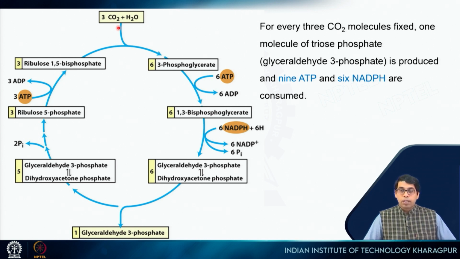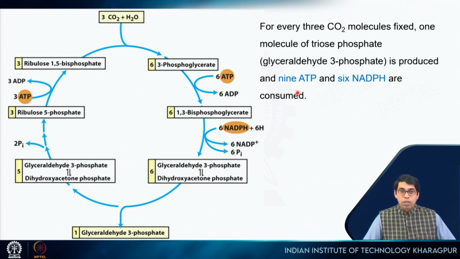Now, if you remember the complete oxidation of glucose via glycolysis, the citric acid cycle and the oxidative phosphorylation, it produces 32 molecules of ATP, right. So, here we are consuming 48 molecules of ATP to produce glucose, and when we oxidize glucose back to carbon dioxide and water, we produce 32 molecules of ATP.